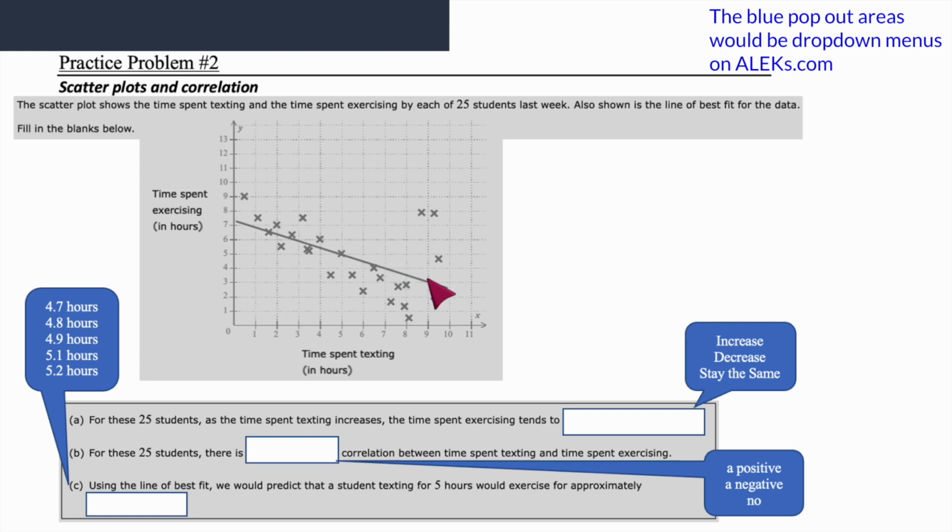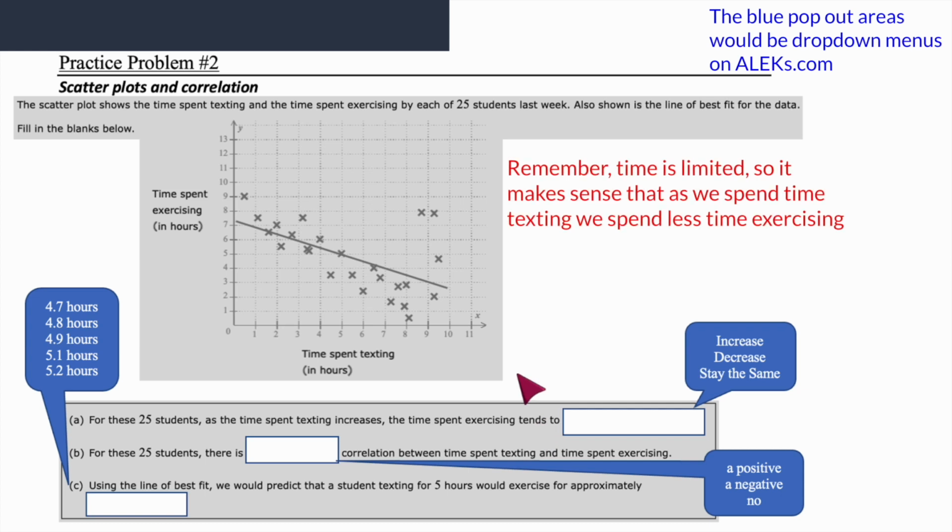But most of the data seems to follow this trend line, where the more time we spend texting, the less time we spend exercising. So let's answer the questions. For 25 students, as the time spent texting increases, the time spent exercising tends to decrease. We can see this negative line, it's decreasing, right? The time spent exercising is going down.